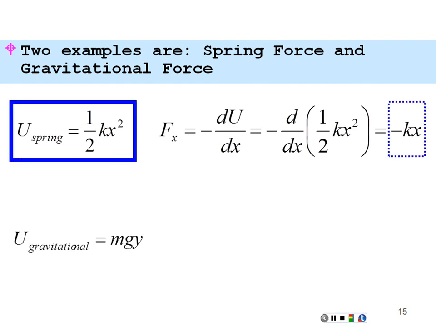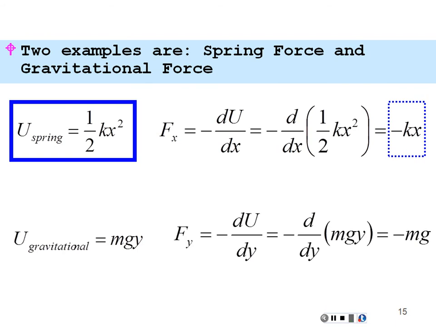What about the gravitational potential energy, mgy? We're using y as a variable in a vertical sense. So we have mgy. We want to find the force responsible for it. That's the negative change in potential energy with respect to y. Negative d/dy of mgy. The derivative of the y is just going to give us 1, and we have a negative mg.